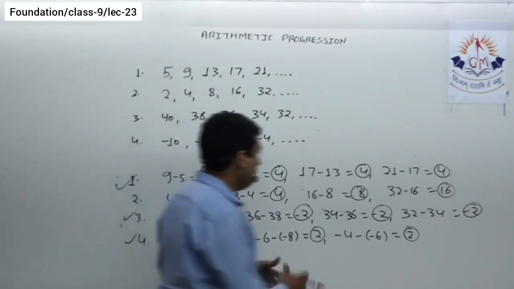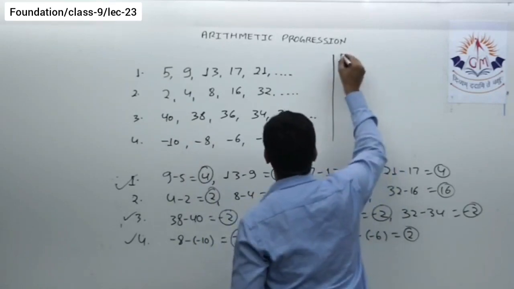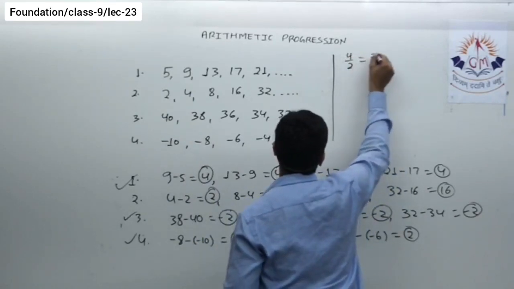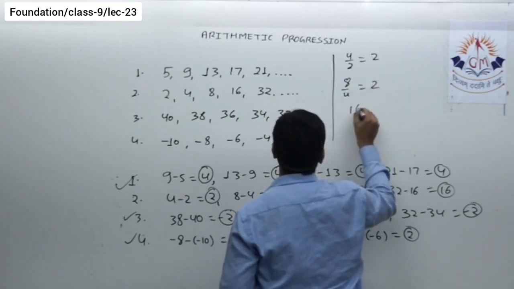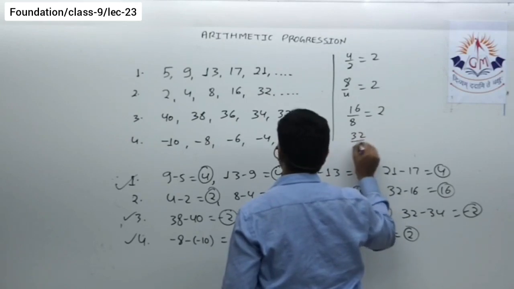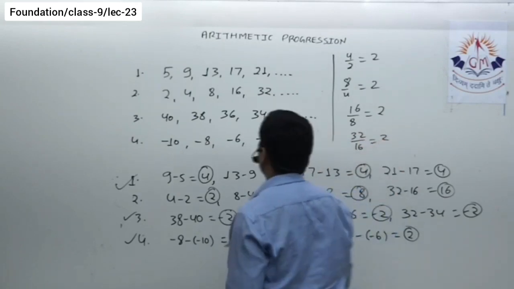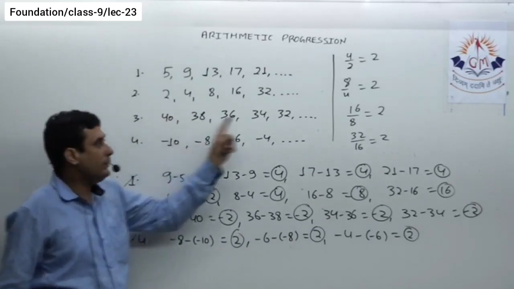Now come to the second one. Here I found the difference. Now suppose in the second one I find the ratio: 4 upon 2 is 2, then 8 upon 4 is again 2, then 16 upon 8 is again 2, then 32 upon 16 is again 2. So here the ratio of any term and the previous term is always the same.